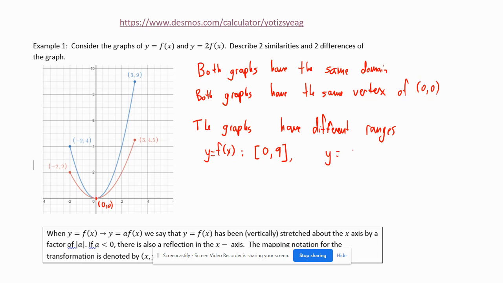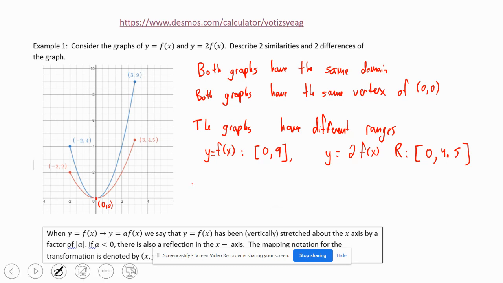For y equals 2f of x, the range goes from 0 to 4.5. So the ranges are different.